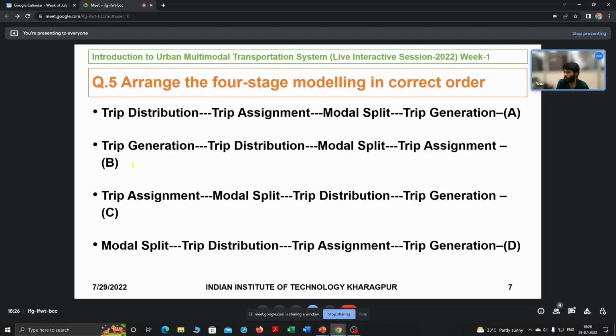So maybe I should discuss each of the steps of this. This is a modeling process, demand modeling. In case of any transportation problem, a transportation planner wants to forecast what the needs are.